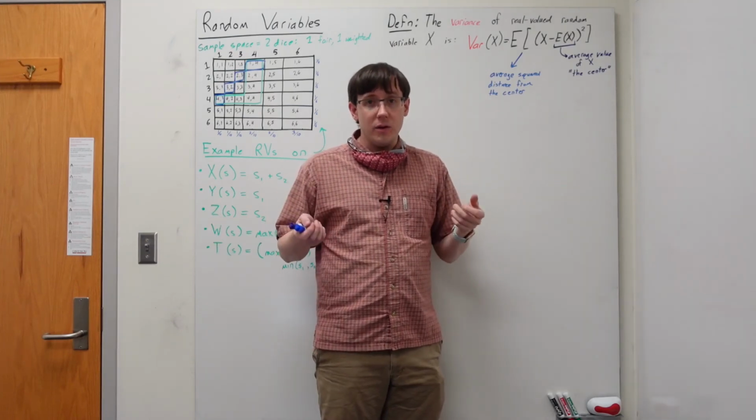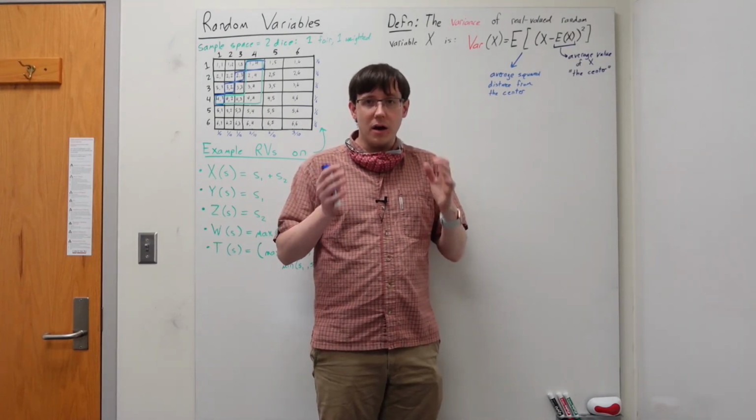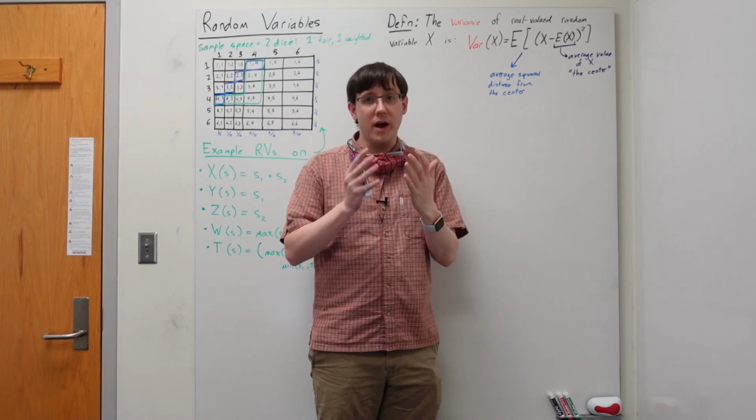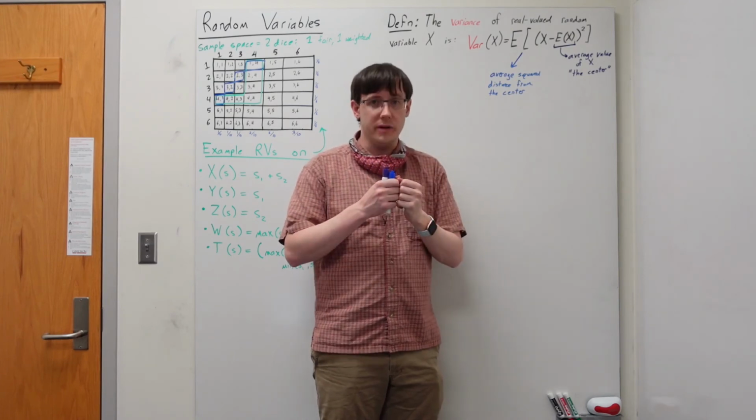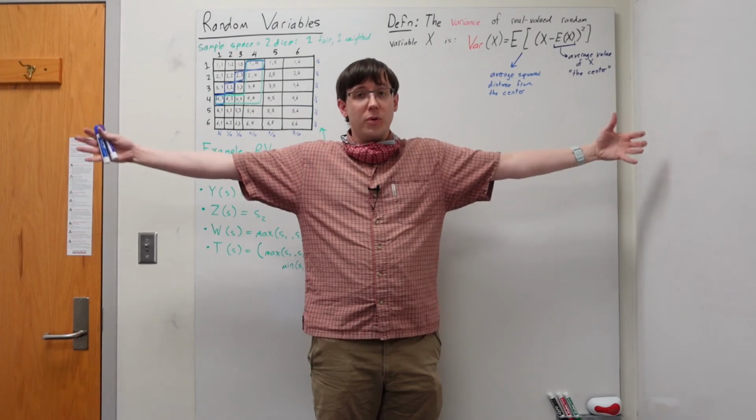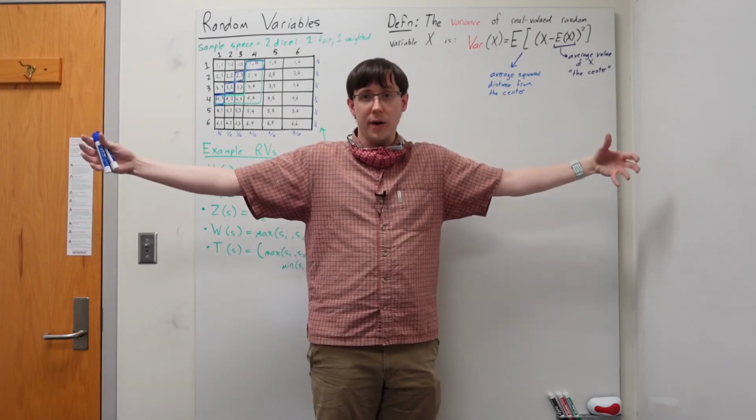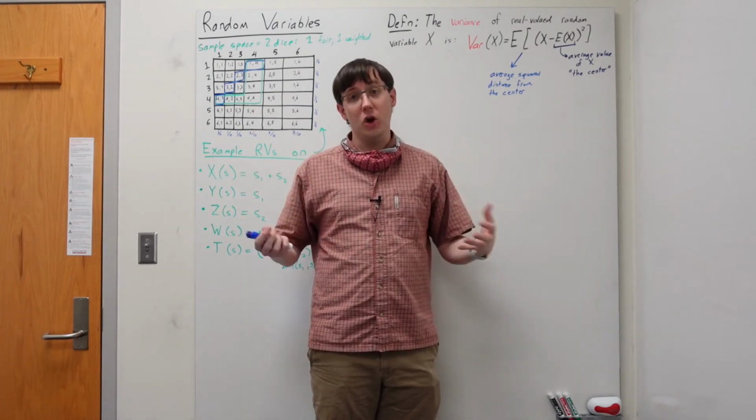So if the values that the variable takes on are close to the center with high probability, then we'll have a small variance. And if they're spread far from the center with high probability, then we'll get a large variance.